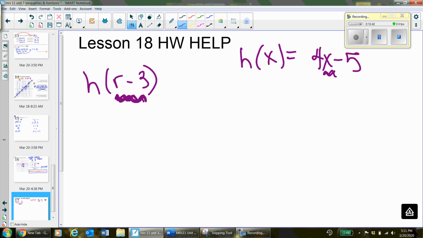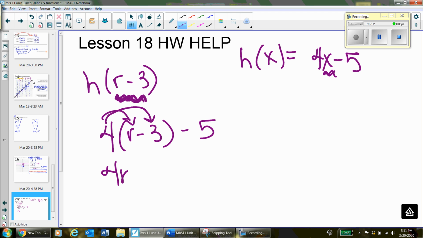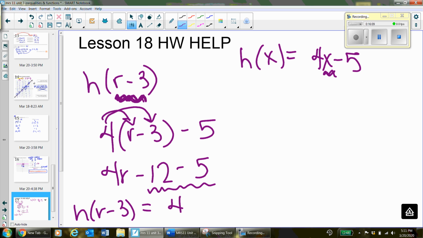So for this equation, it's going to read 4 times r minus 3, minus 5. Then I'm going to distribute the 4, gives me 4r, distribute again, gives me minus 12 minus 5. Then I'm going to combine like terms here. So now negative 12 minus 5 gives me a negative 17. So my final answer would be h of r minus 3 equals 4r minus 17.